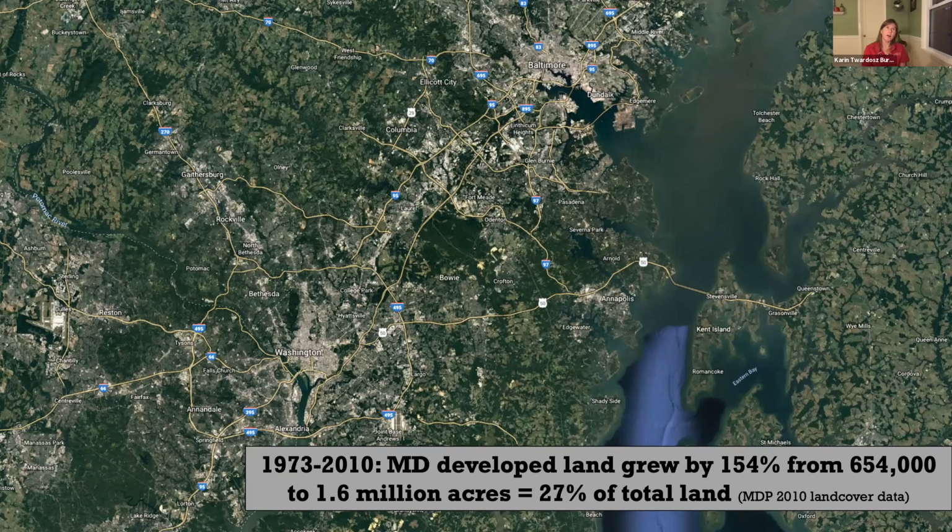And the problem with development as opposed to agriculture or forest is that it's hard to go back. So once you have a landscape that's highly developed for residential or commercial, shifting back to more of an agricultural or forested landscape is pretty hard. So I think it's safe to say that this 27% of land is not going to be undeveloped.